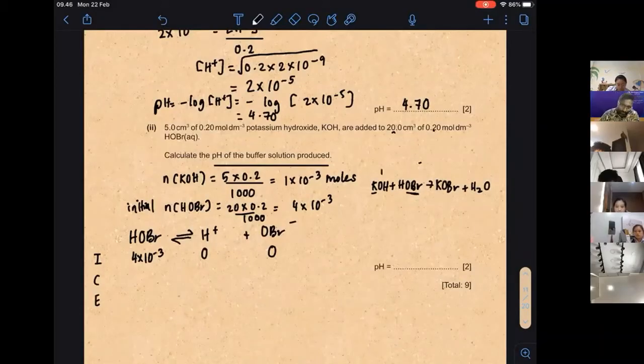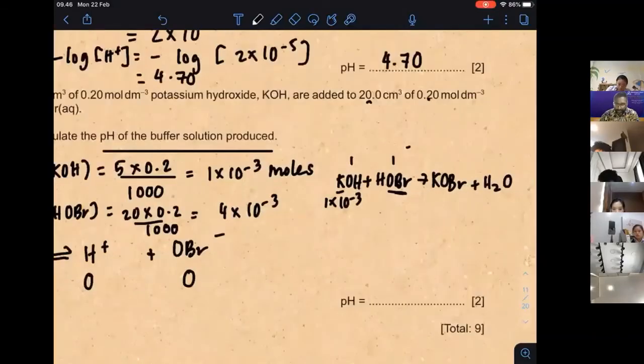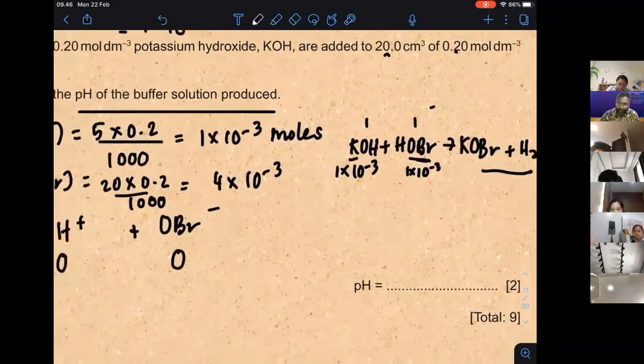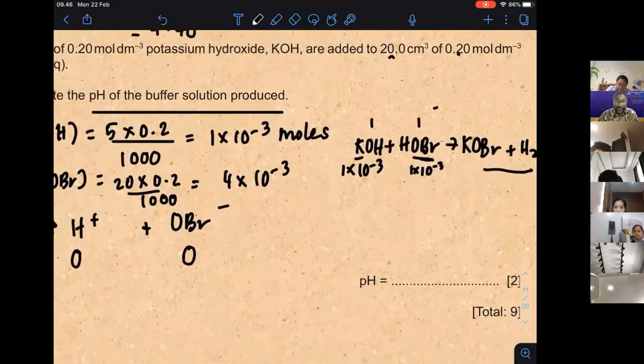So one mole reacts with one mole. When I have 1 times 10 negative 3 reacting with 1 times 10 negative 3 here to give you this, the HOBr is going to decrease because it reacts with KOH.